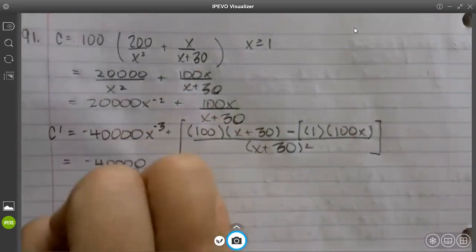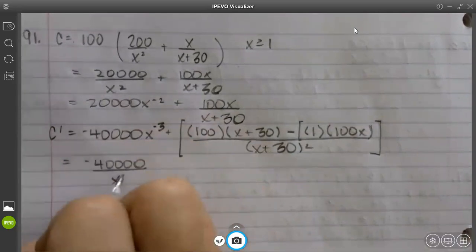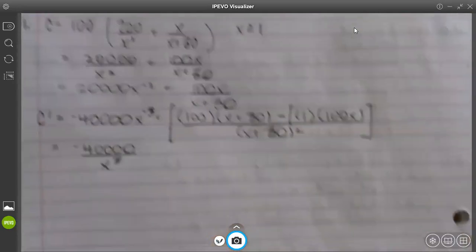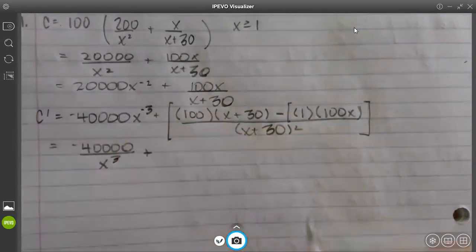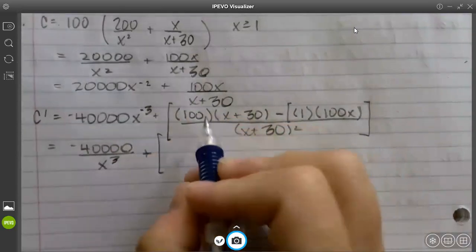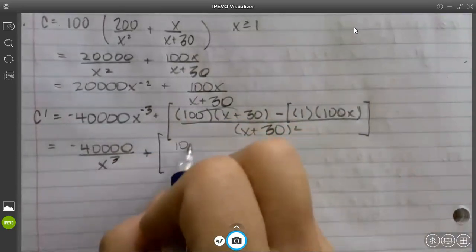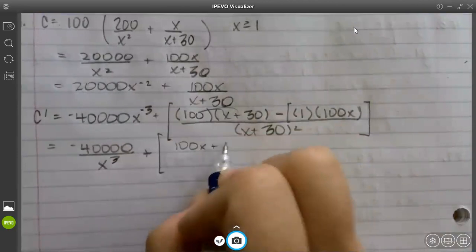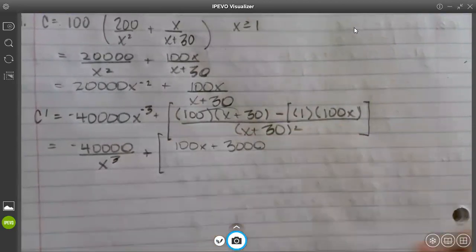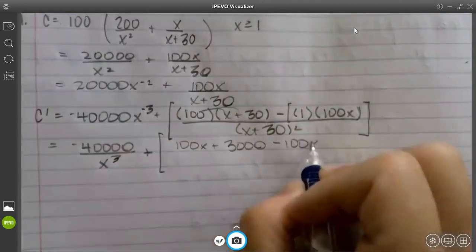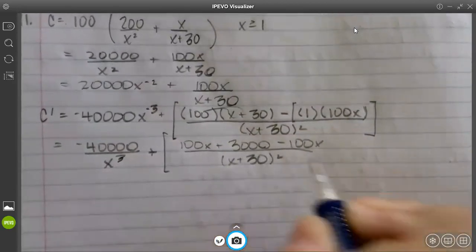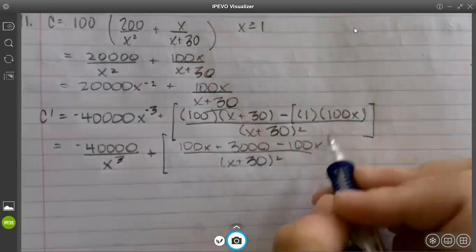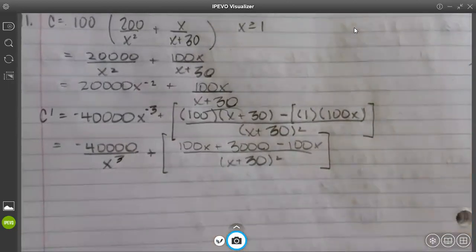You can go ahead and rewrite this 40,000 over x to the positive 3. Inside, we're going to distribute our 100, so we get 100x plus 3,000 minus 100x over x plus 30 squared. What happened?